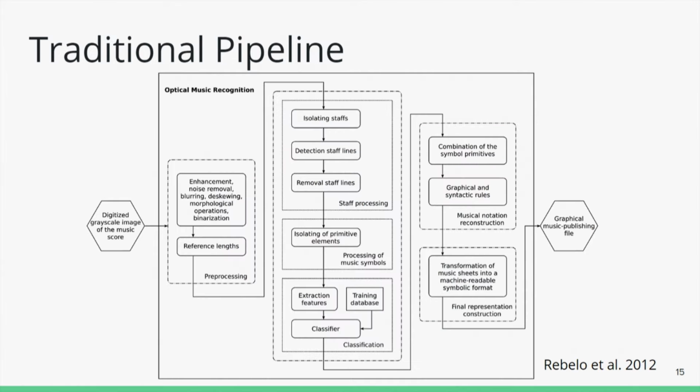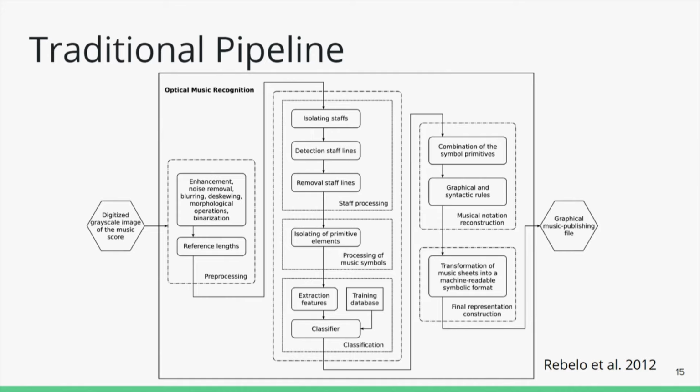Traditionally, it was approached with the following pipeline, which was, I think, originally proposed by Bainbridge and Tim Bell around 2000, and then refined a couple of times, but it more or less stayed the same. That's the version of Ana Rebelo from 2012. And I'm not going to go into all of the details, but basically you have 4 major blocks.